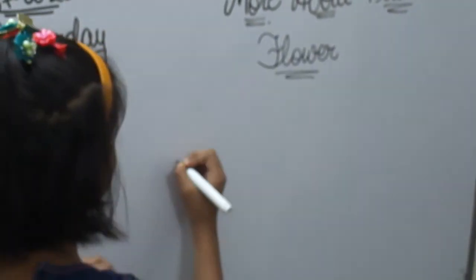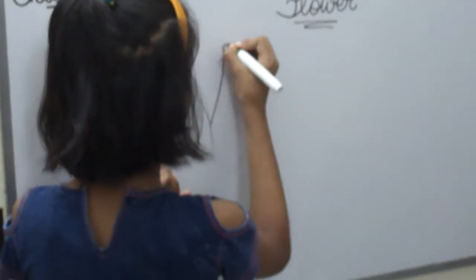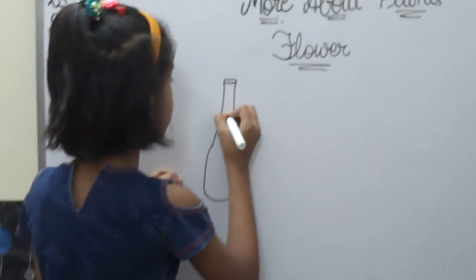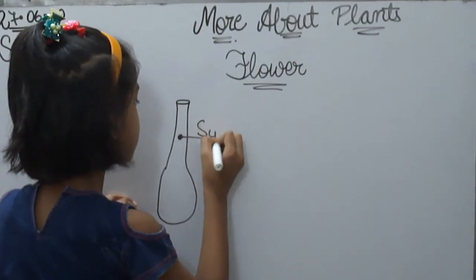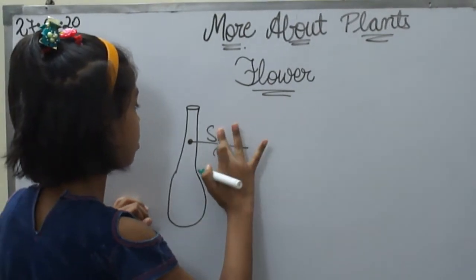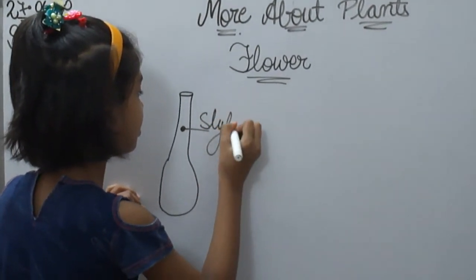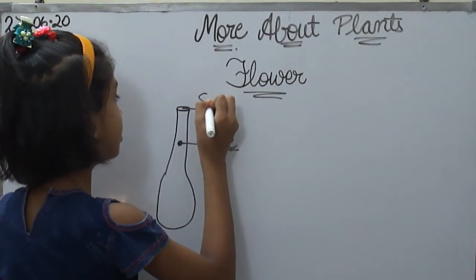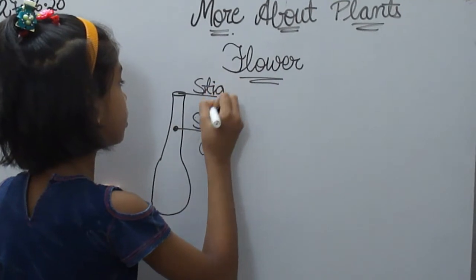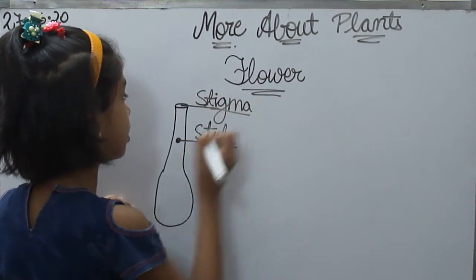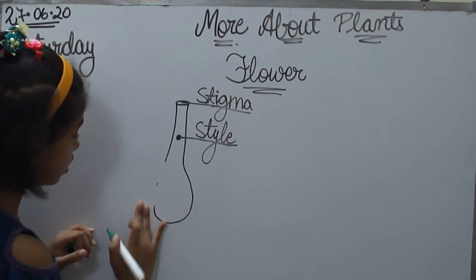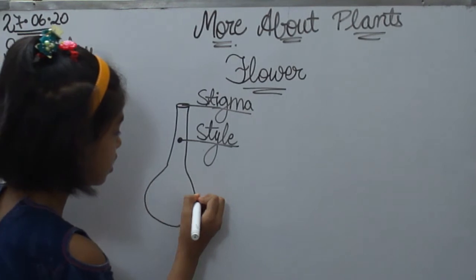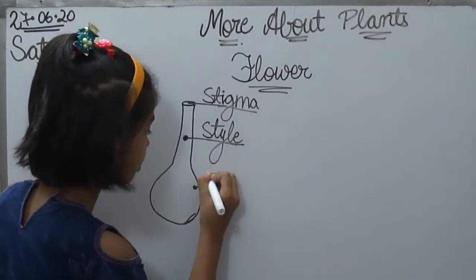So basically, if you have a pistil like this, and this is the style. Sorry, I had written the spelling wrong here. Style. This is the stigma. And this thing, let me draw it. This thing is the ovary.